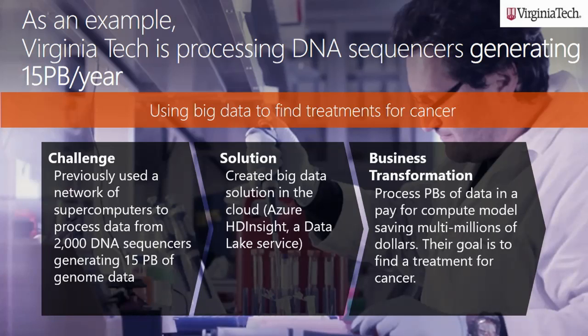The challenge was, how do we use network supercomputers to process all these sequences, or could we use the cloud to leverage almost unlimited compute capability on the data? So that's where HDInsight and Azure Data Lake came in, to process this sequencing data. Okay, so that's one example for you.